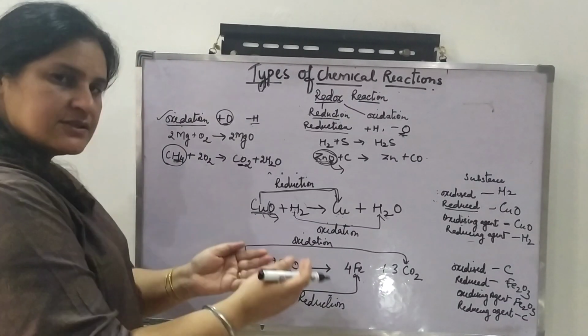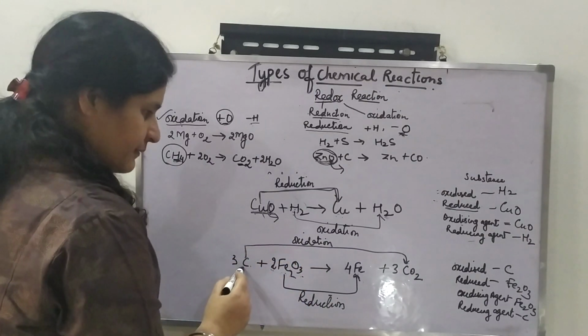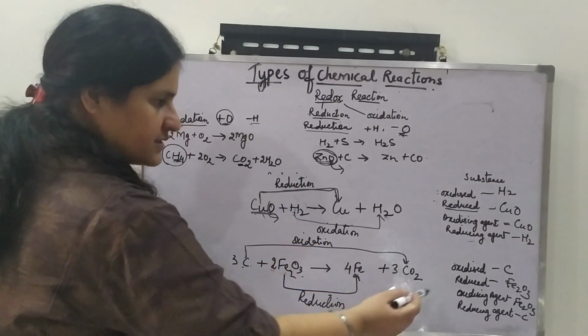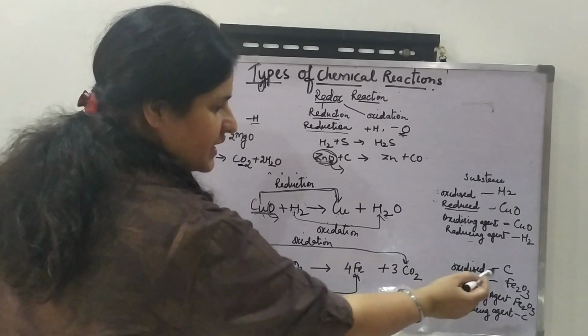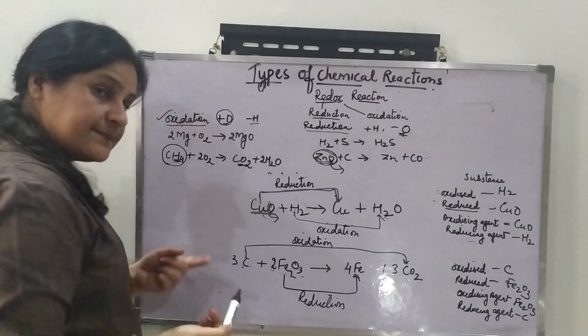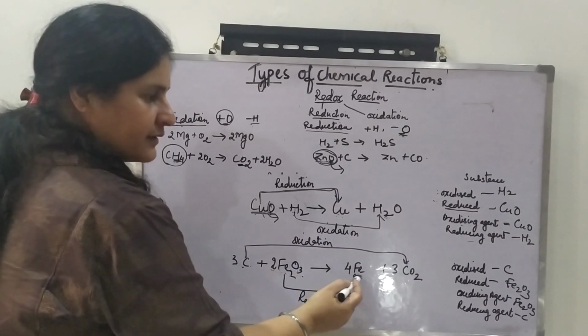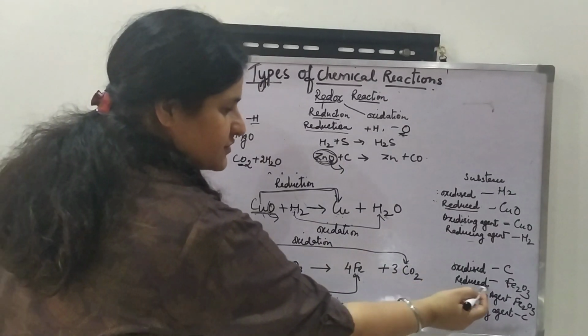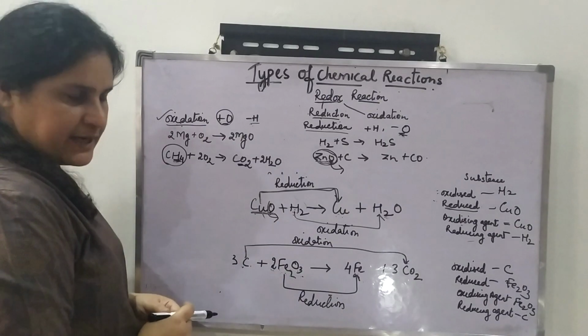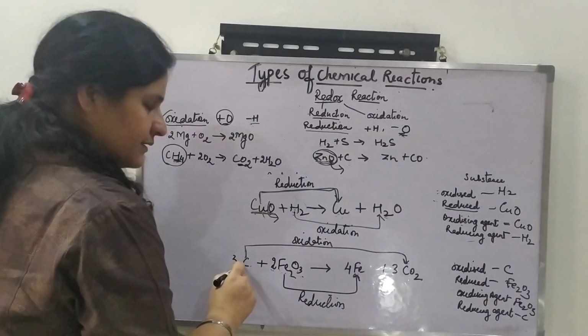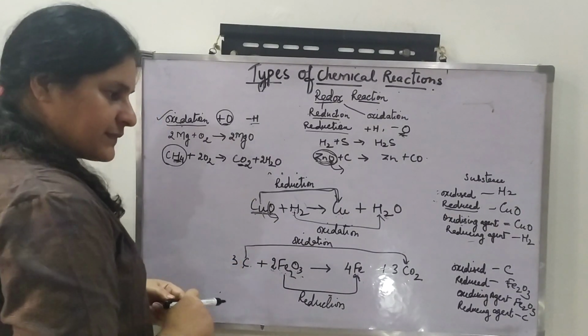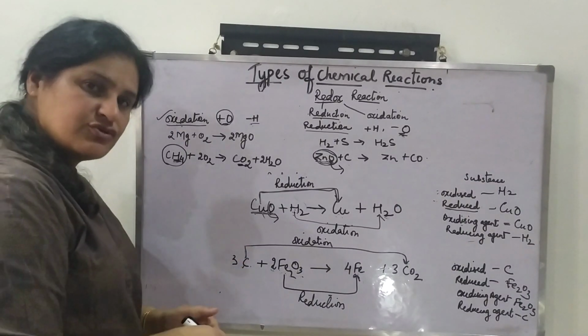Now which substance is oxidized? Carbon, to carbon dioxide. So the substance that is oxidized is carbon. Which substance is reduced? Ferric oxide to iron. So the substance that is reduced is ferric oxide. Now carbon will act as a reducing agent.